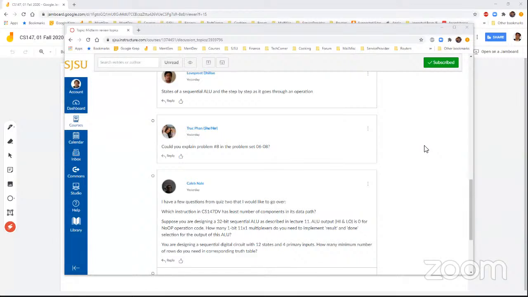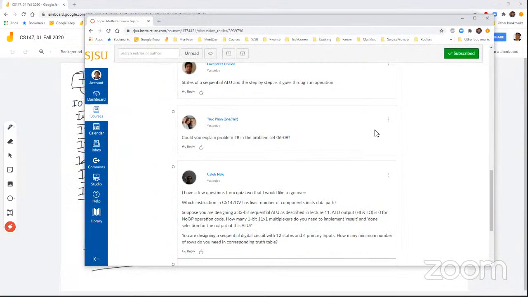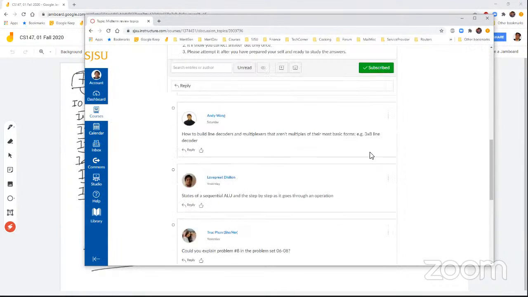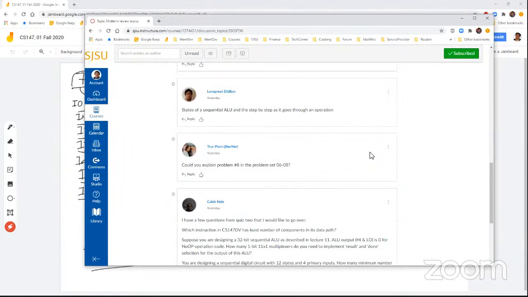Professor Patra? Yes, Anjali. Would you recommend us to not memorize, but have the general idea of specific diagrams? Because we have seen a lot of different diagrams, like the latches and the I type, R type stuff. Are there any specific ones that we should remember?